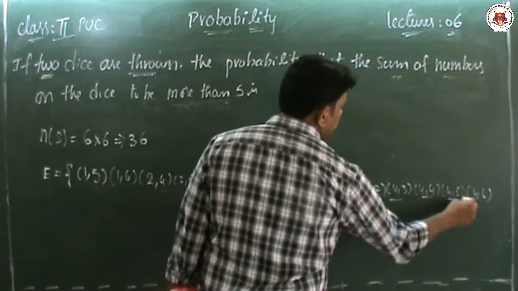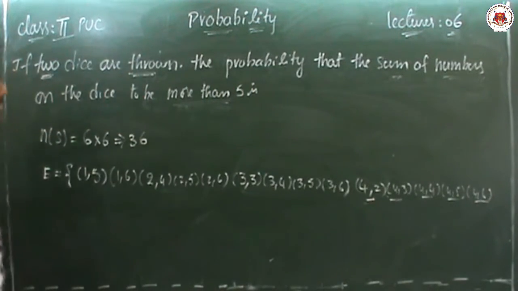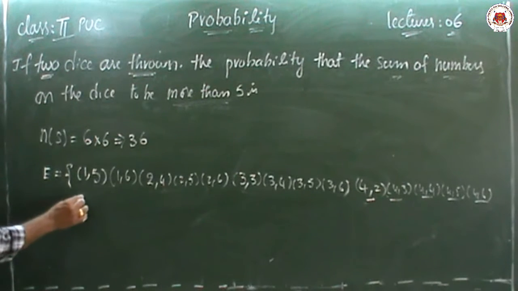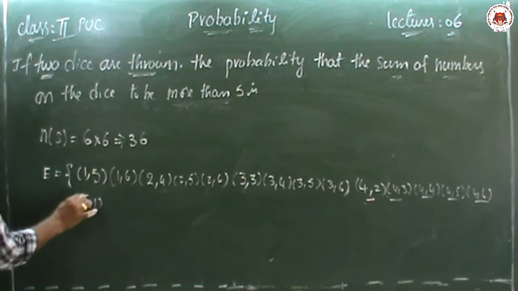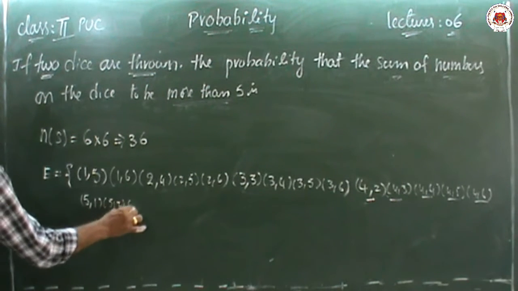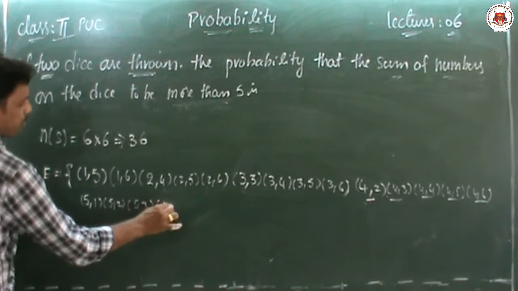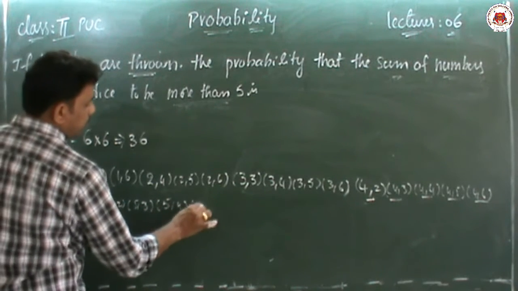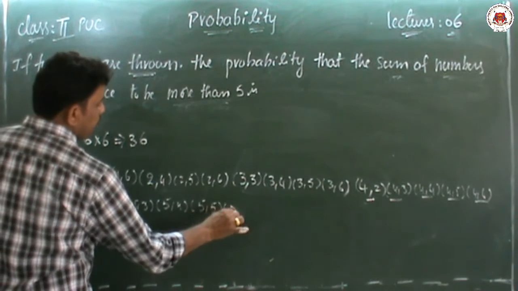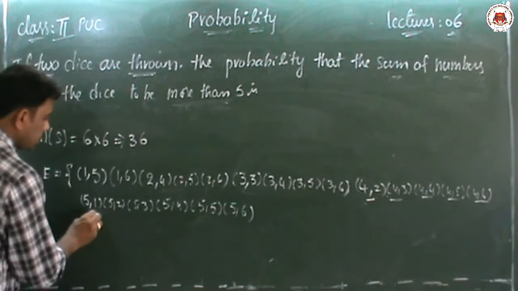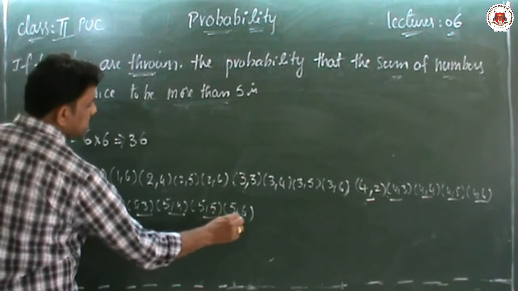All these numbers are more than 5 only. In the same manner, the die has 6 sides, children. So 5 comma 1 is more than 5, 5 comma 2, 5 comma 3. Next one is 5 comma 4, 5 comma 5, 5 comma 6. All these sums are more than 5.